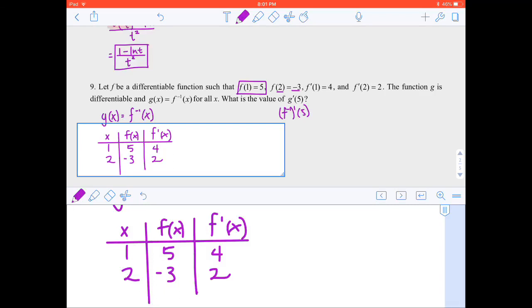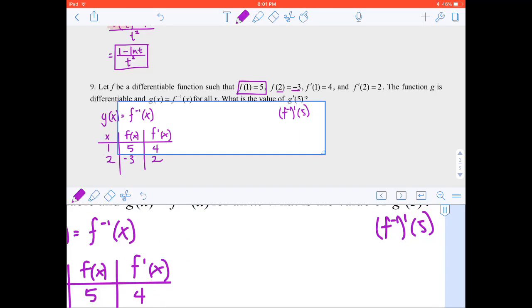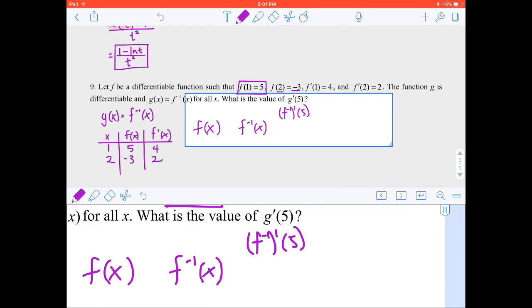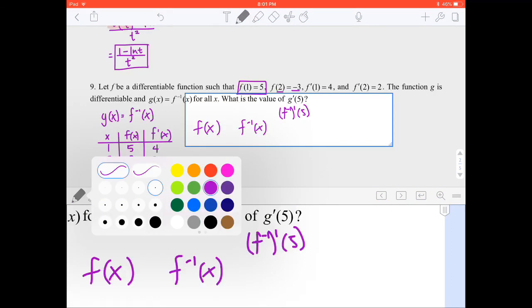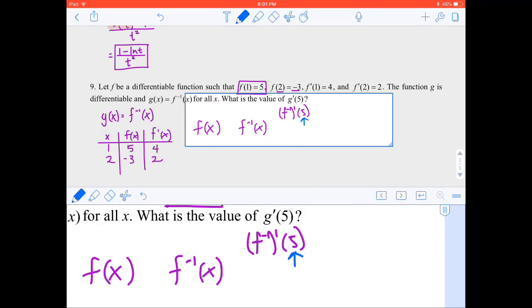But what we really want to think about is the relationship between f of x and f inverse of x. Because remember, we're trying to find the derivative of the inverse when x is equal to 5.